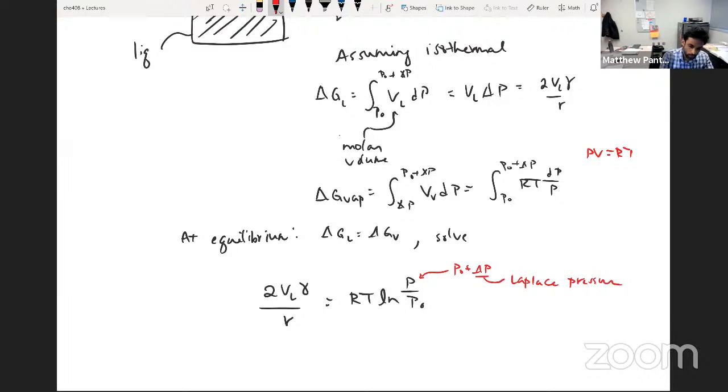Okay, so this equation here is known as the Kelvin equation.